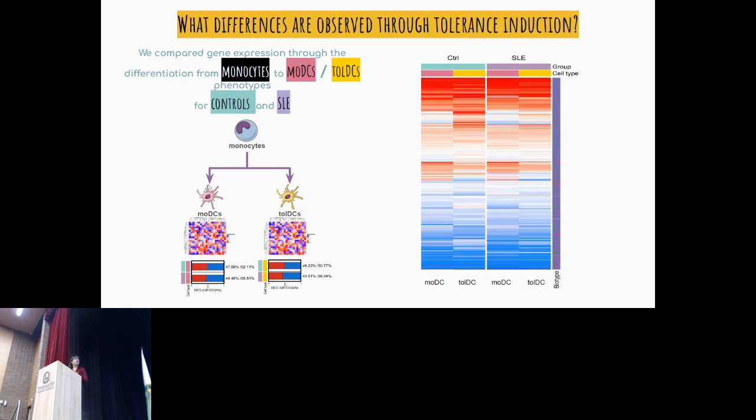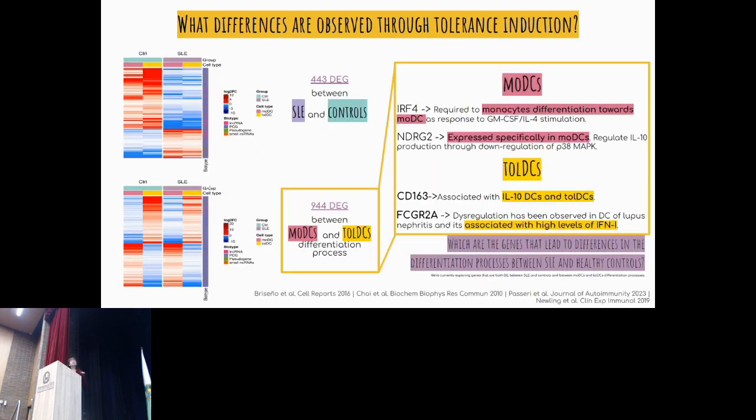I'm going to go a little bit deeper. So we explored which genes were differentially expressed between controls and lupus, and this is the first heat map that I'm showing you. We observed 443 differentially expressed genes between lupus and controls. And when we look at the genes that are differentially expressed between the two differentiation processes, we recovered 944 genes.